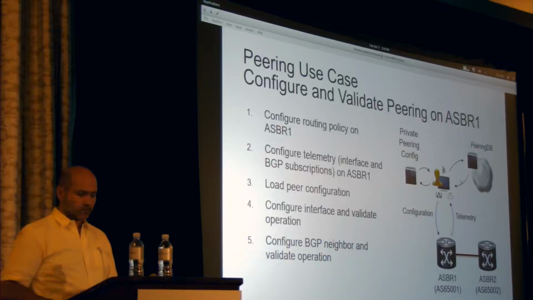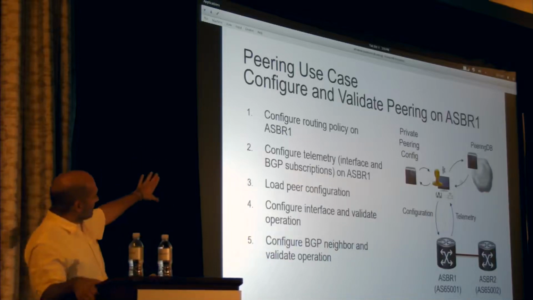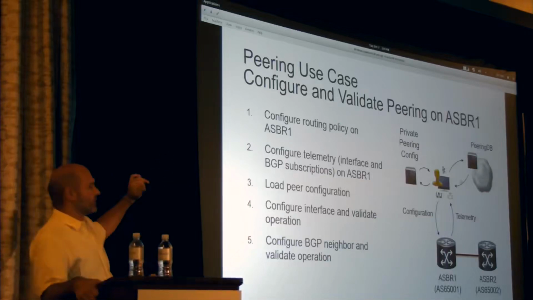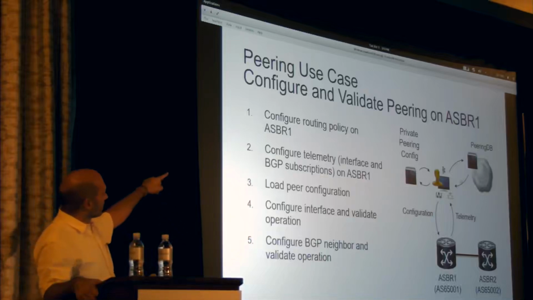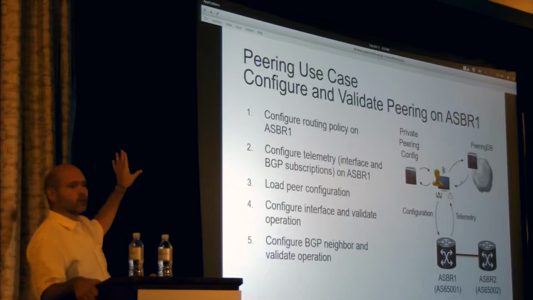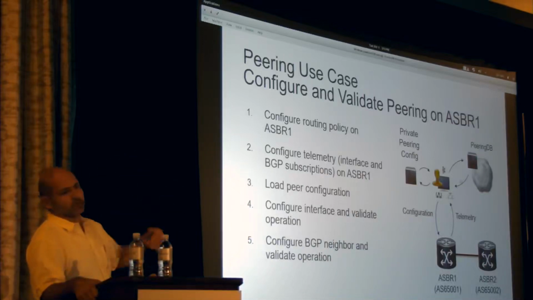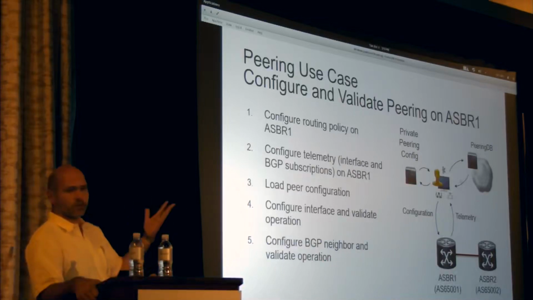Okay, so the entire flow would be first, the 2 initial steps are kind of day 0 configuration. It's just enabling ASBR1 for a particular routing policy that is going to be used for peering. Typically, if you're going to push some peering configurations, the device may already have some routing policies that have been pre-configured, because these routing policies are typically reused across many peers, right?